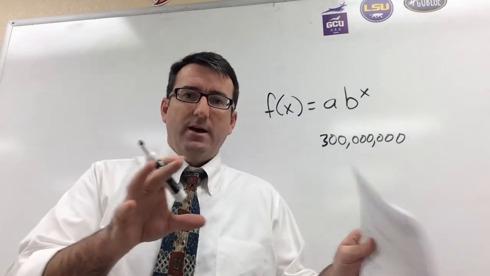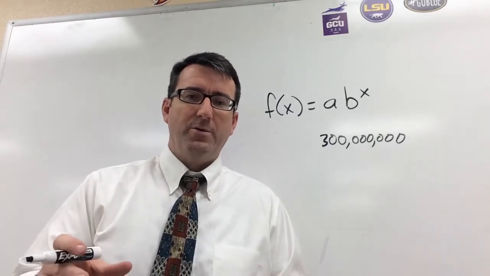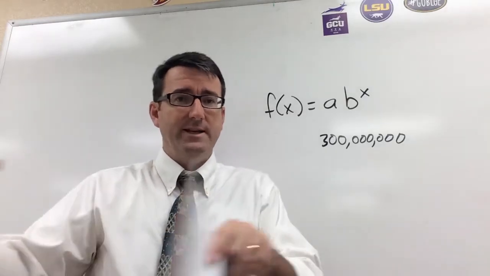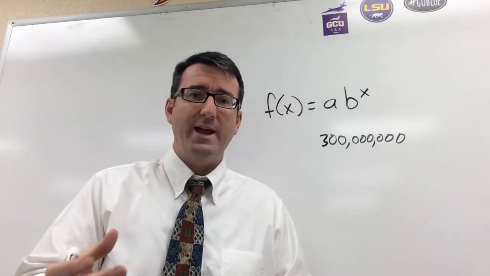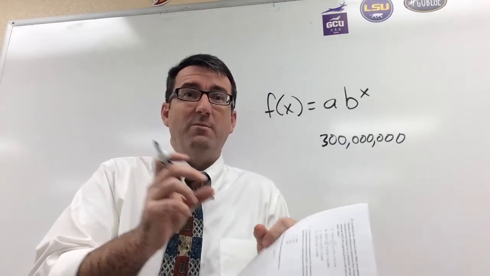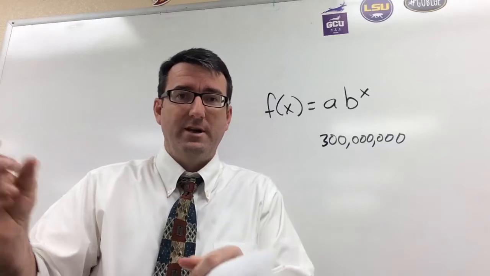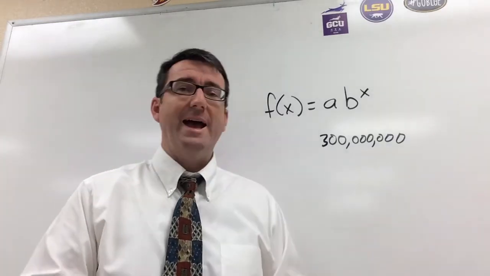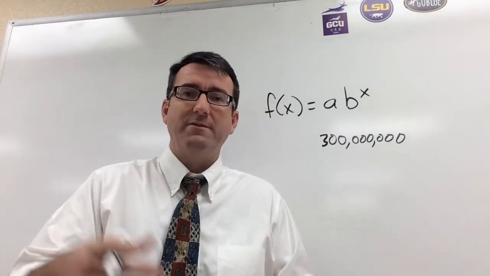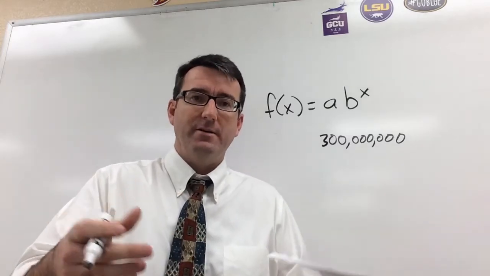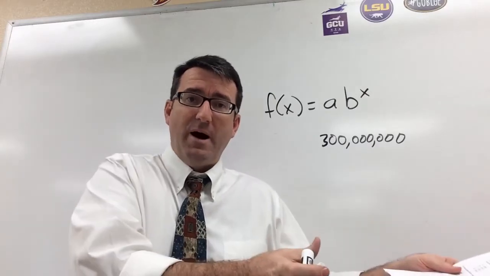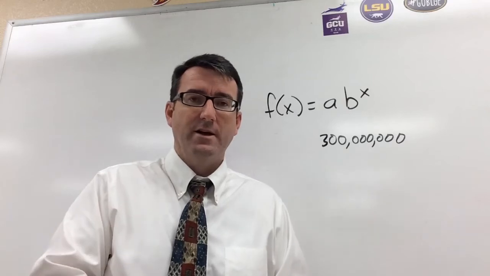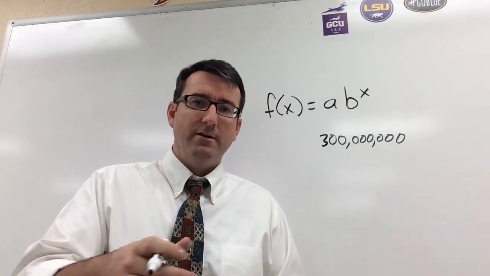Now, the difference between growth rate and growth factor. The growth factor is what you have to multiply by to get the next number in the series. The growth rate is how much extra is being added. So if we're adding 0.9%, what we have to multiply by is 100.9%, because we still have the population we had before plus that little bit of extra. So the growth factor, what we have to multiply by, is 100.9%.